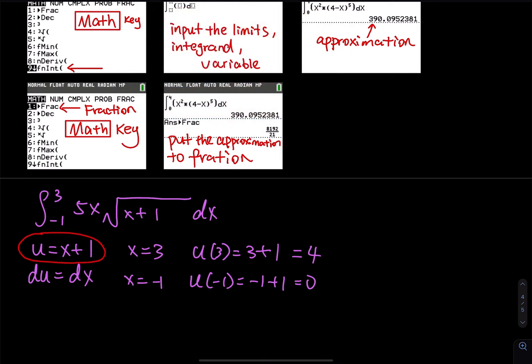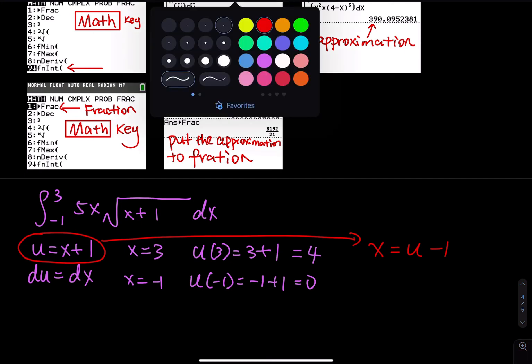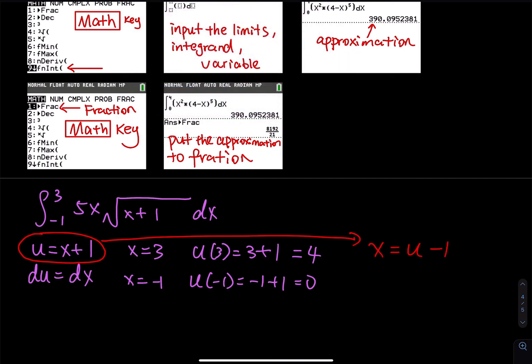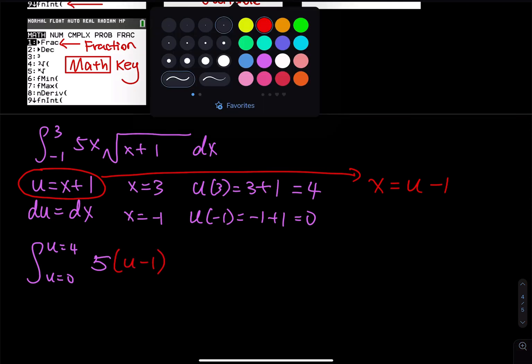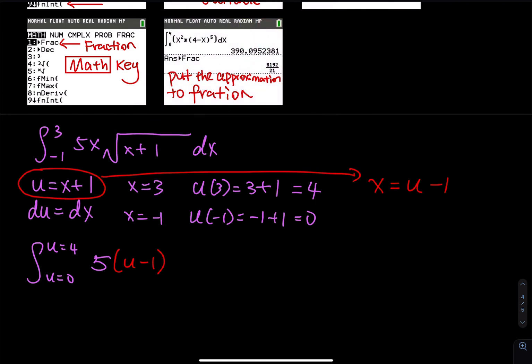And then the hidden step is right over here. I am going to take this and change it to x equals u minus 1. All right, and now we do this change of variable. So we have an integral from u equals 0 to u equals 4. The 5x, so the x is now u minus 1, and the square root of u is just u raised to the 1/2, du, right?